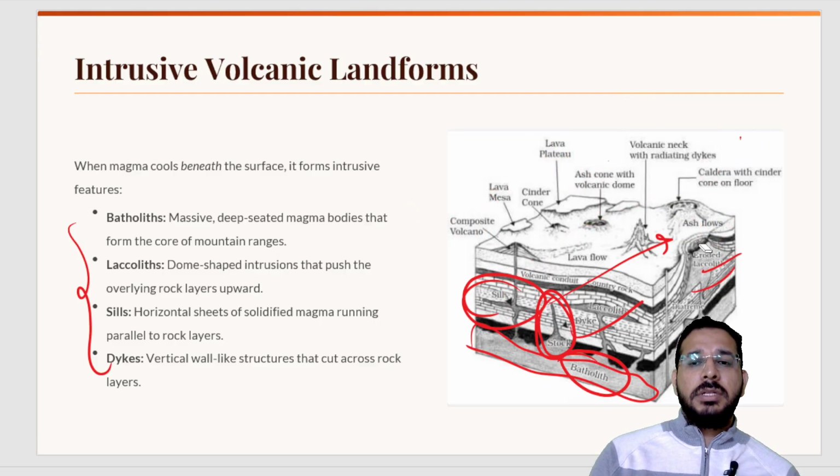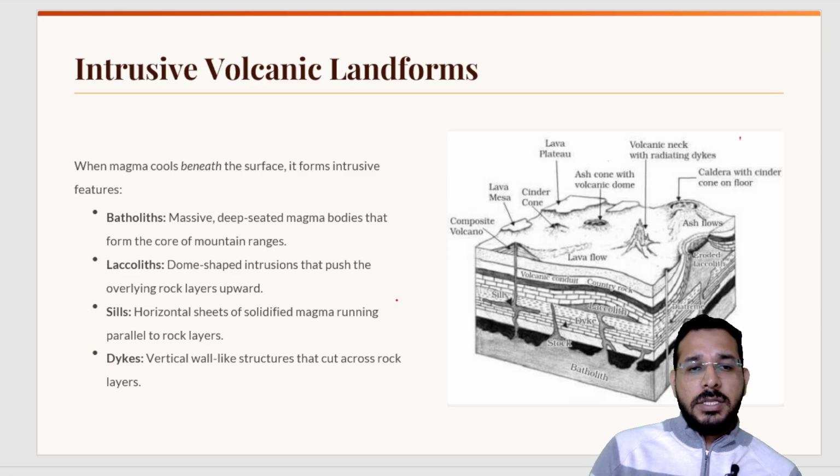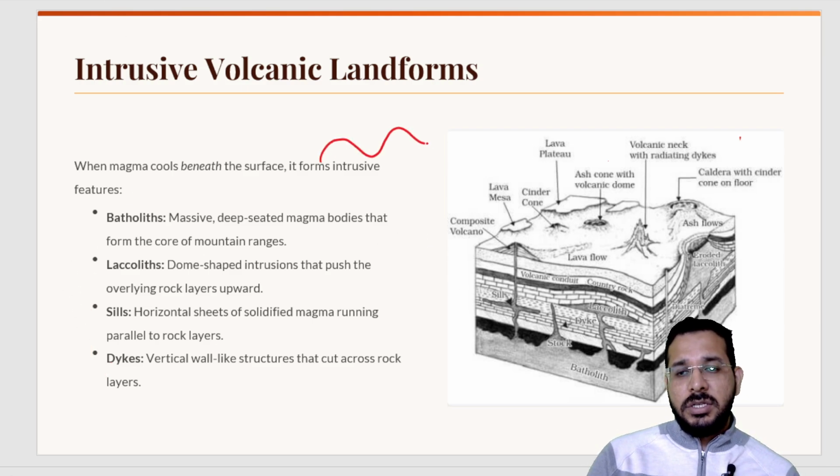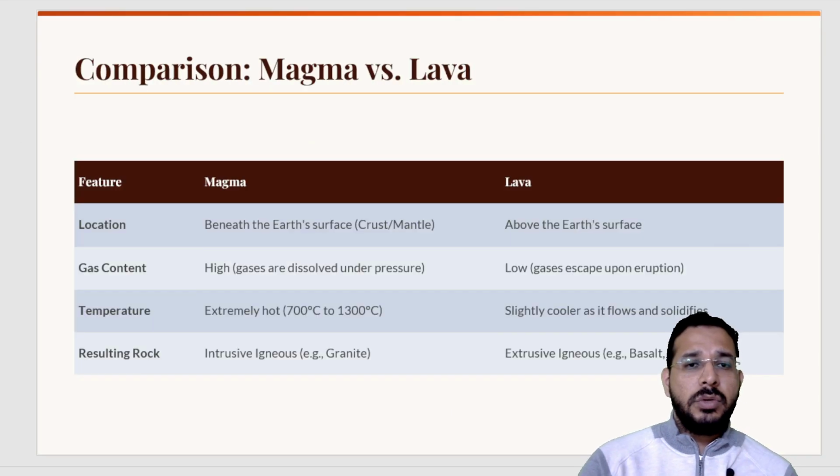We also have some other intrusive landforms like phacoliths, which are wavy structures solidifying inside the earth only. So this type of structure is also present over here. So these are all intrusive structures.